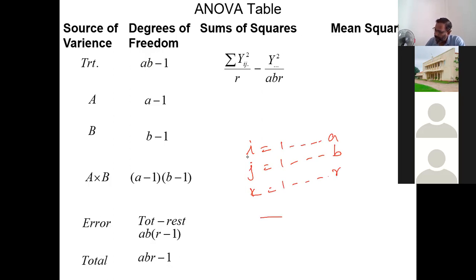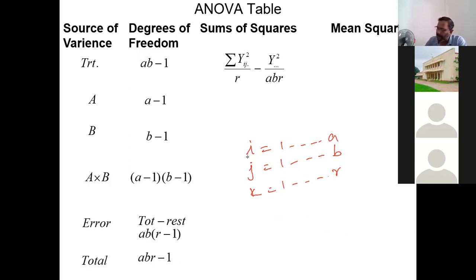For example, Y 1 1 1 is the first level of A, the first level of B, and the first replicate. You have already learned these notations. That is important at the beginning.